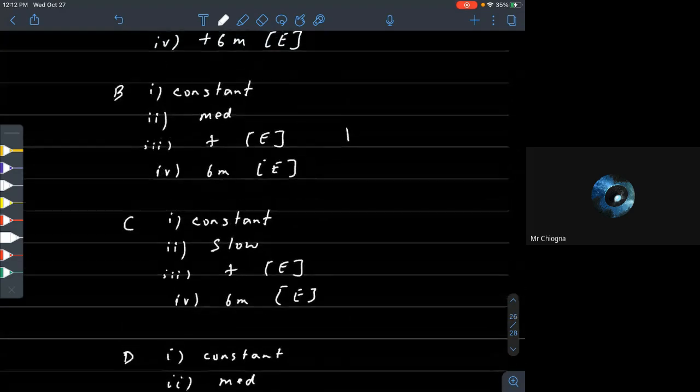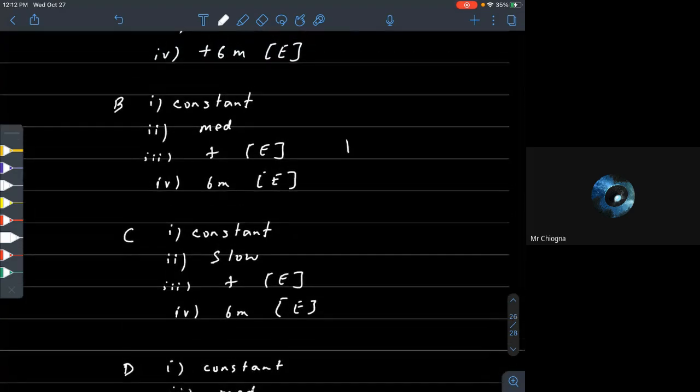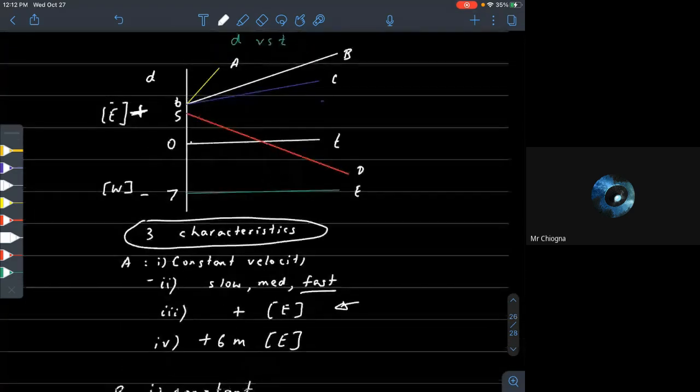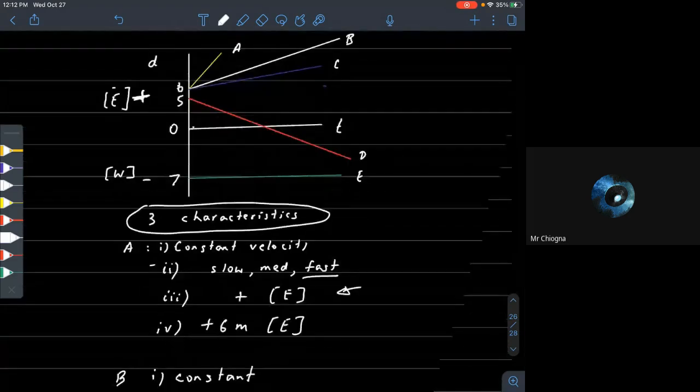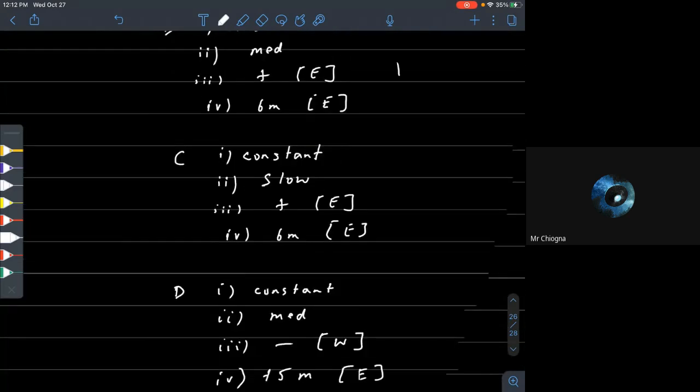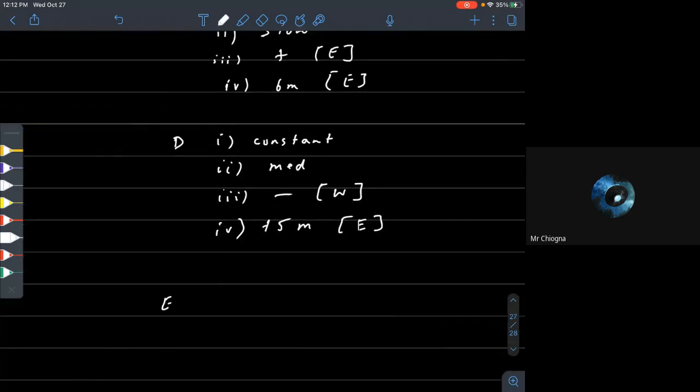E, last one. We're almost done. Go back to this. E, look at that. That's a quickie. You don't have to write much. What's the slope of that? What does it look like to you? Make a judgment call. It's a horizontal line.